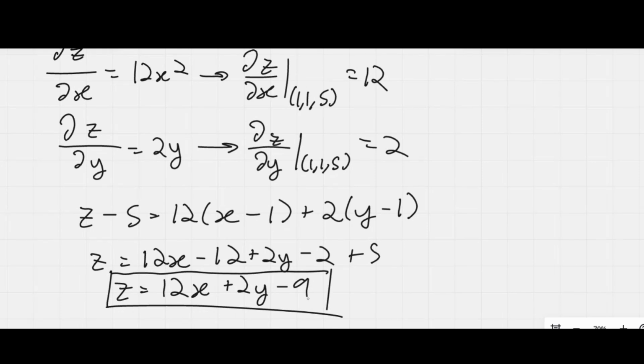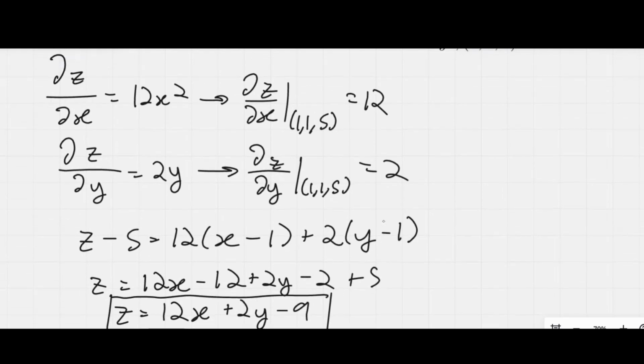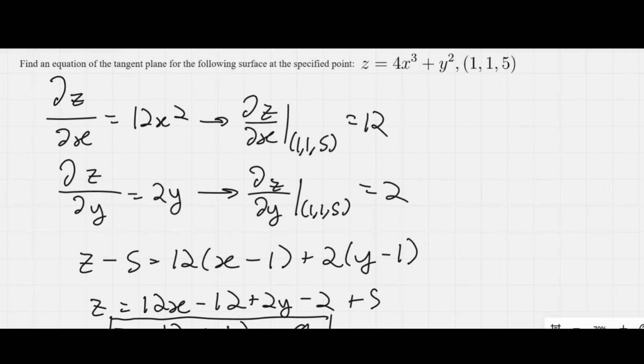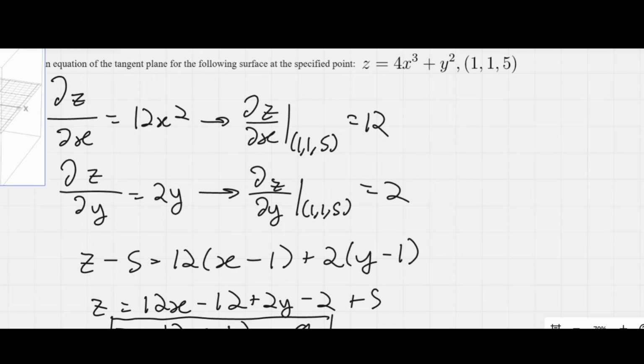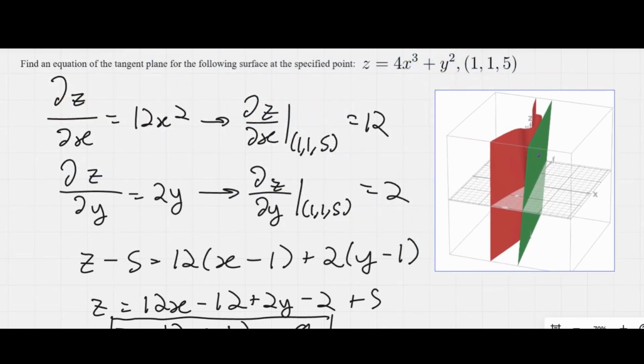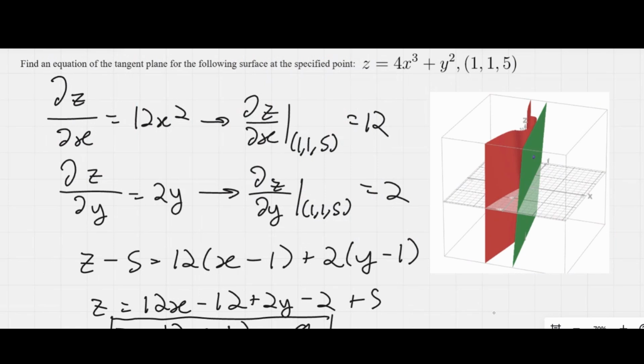Now, you'll notice that this original surface is actually a little bit familiar to the surface that we used for our earlier example. In fact, let me show you how this surface compares when plotted against this tangent plane. All right, let me zoom in just a little bit.